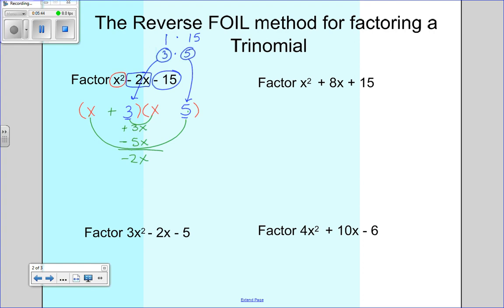Therefore, the 3 needs to have a plus on it, and the 5 needs to have a minus on it. This is the factorization for x squared minus 2x minus 15. Now, to check it, you could FOIL this out and make sure that when you FOIL it out, it does indeed equal x squared minus 2x minus 15. But this is just my little method. Now, do you notice the little smiley face here?